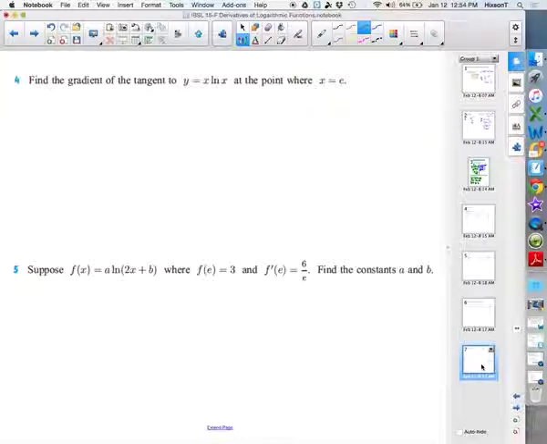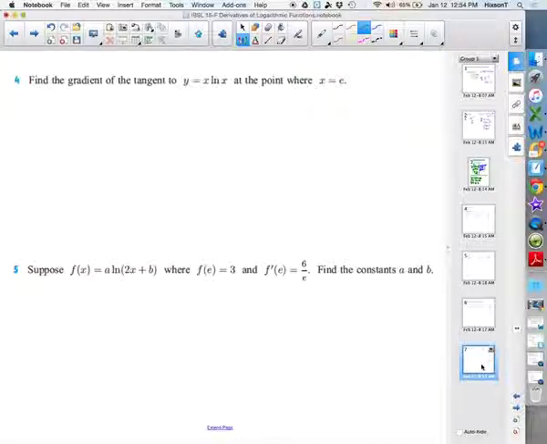Okay, let's try number 4. Find the gradient of the tangent to y equals x times ln of x at the point where x equals e. So someone put this in your own words. What are we doing here? Finding the derivative.